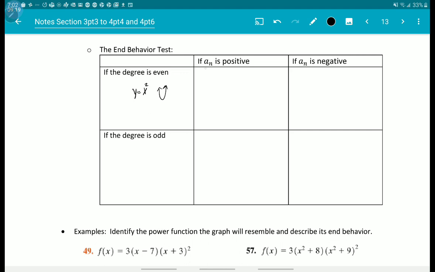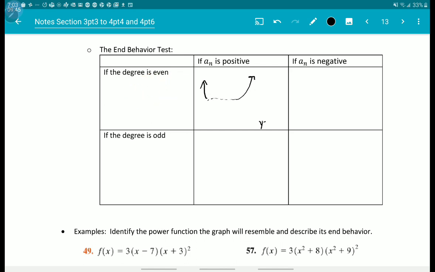So if that leading coefficient is positive, so if we're thinking about positive x squared, then both of those ends are going to go up, just like x squared would. There could be some twists and turns in here, but we're worried about the ends. So we're worried about those outer sides, those outer pieces. Are they going up or are they going down?